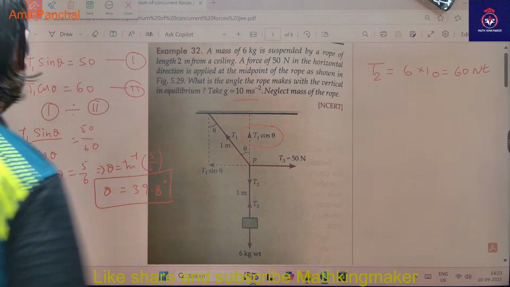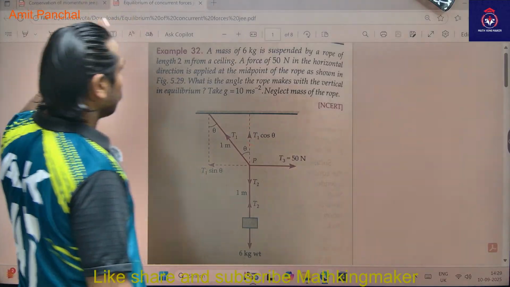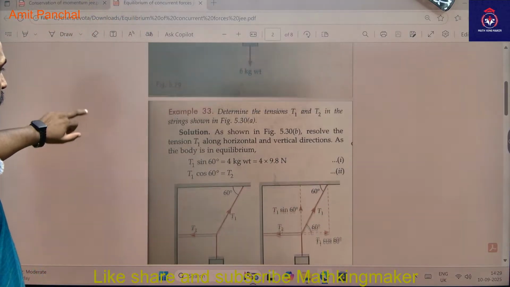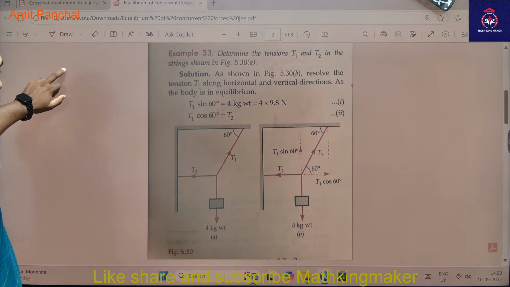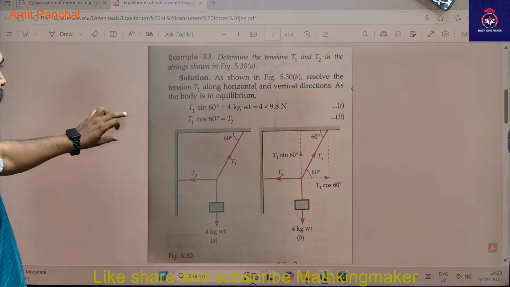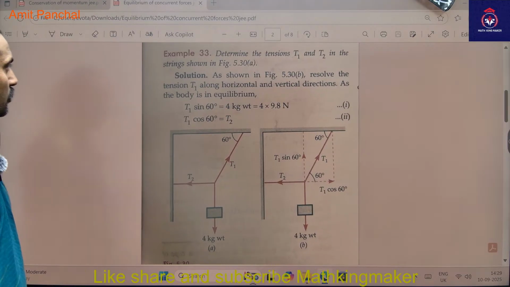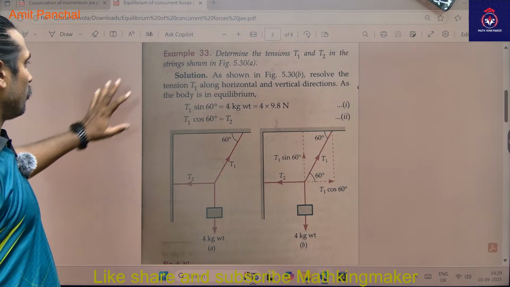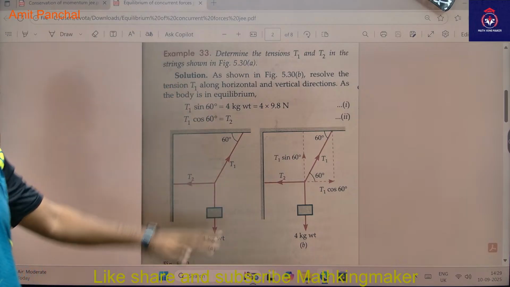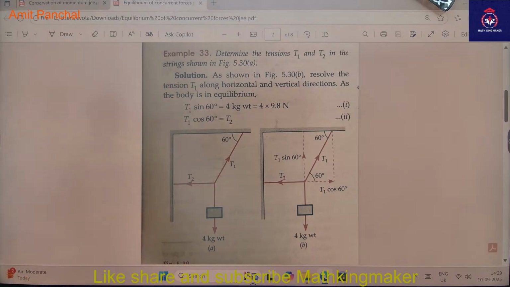So next question for you. Let's try to do this question. This is like the same question. You need to determine tension T1 and T2 in the string shown in figure 5.3a. Some sort of solution is also given, don't think about it.